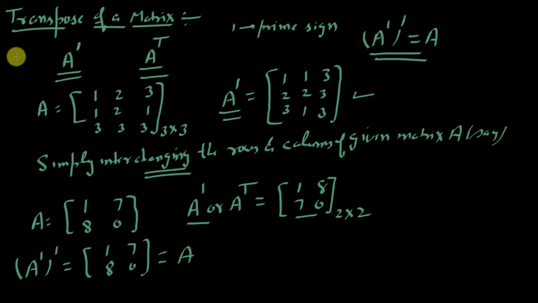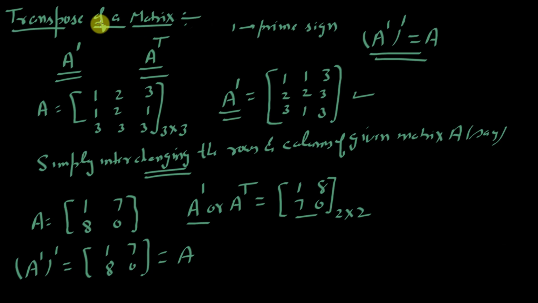Now we will learn how to find adjoint of a matrix. For that we will be needing to find the cofactors and taking the transpose, so that will help us to find the adjoint of a matrix.